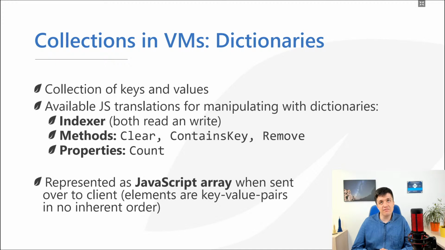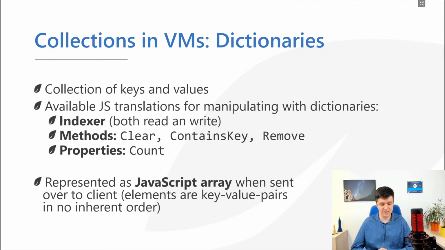And the behavior of throwing exceptions would be harder to replicate in JavaScript. And we also didn't want to throw exceptions needlessly. So we are encouraging users to use the setter capability of the indexer. But of course, if you feel like you would make use of the Add method, you can just add the translation yourselves.